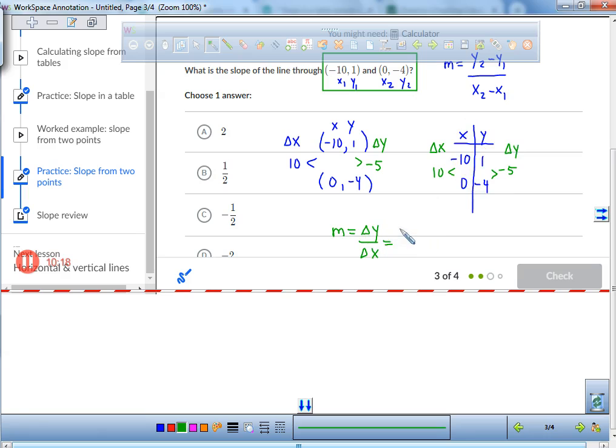And what number am I going to put on top? -5. What number am I going to put on the bottom? 10. And does that reduce? It does reduce. It reduces to -1 over 2. Okay? It reduces to -1 over 2. I can see my answer. It's going to be C.